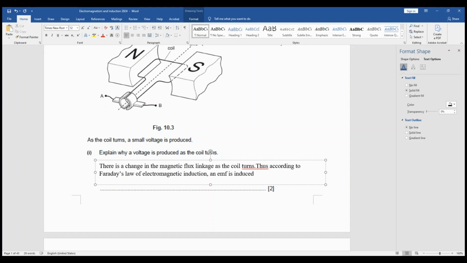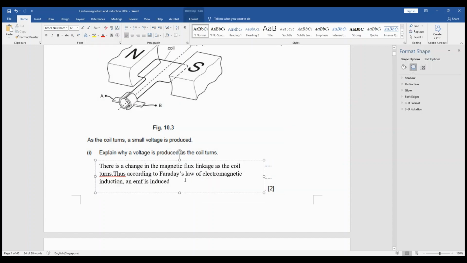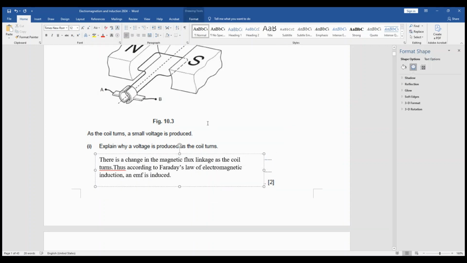They just say why a voltage. They never ask you to justify what direction. So that's the answer. It's just like that, and it's only 2 marks. So basically, I think that's it. Good enough. Okay, next part.